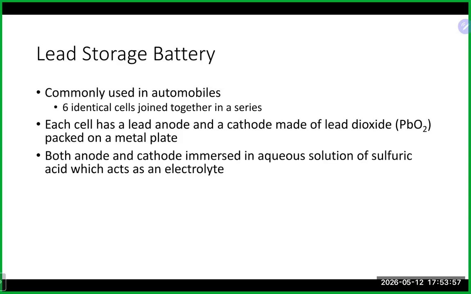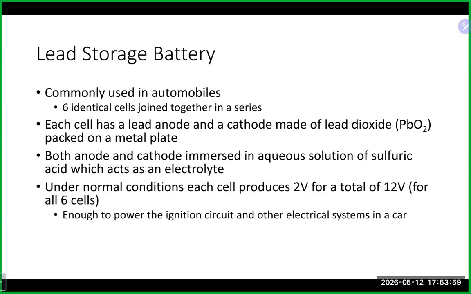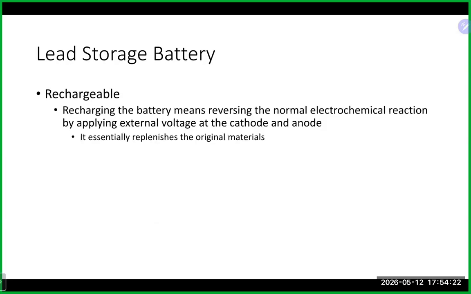Lead storage battery, which is used in cars. A traditional lead storage battery has 6 cells hooked together. Each one gives off about 2 volts, which is your 12-volt car battery typically. And again, that's enough to get you started, to start the ignition circuit and other electrical systems in your car, except when you're running late and you try to turn it on, it doesn't want to start.